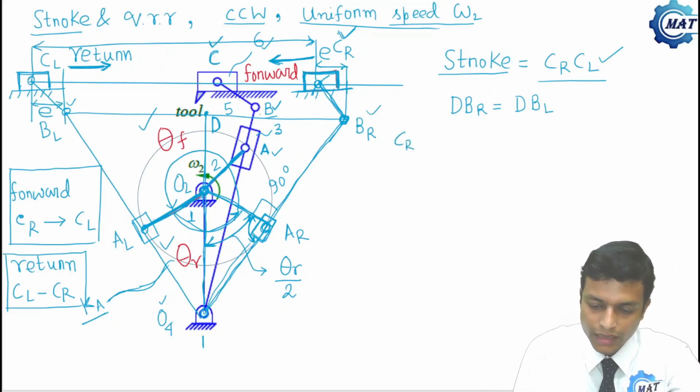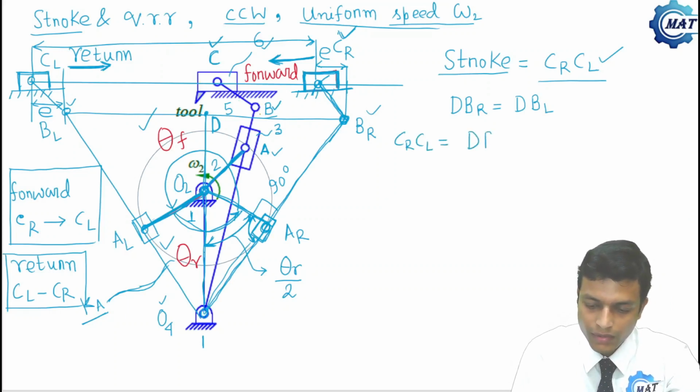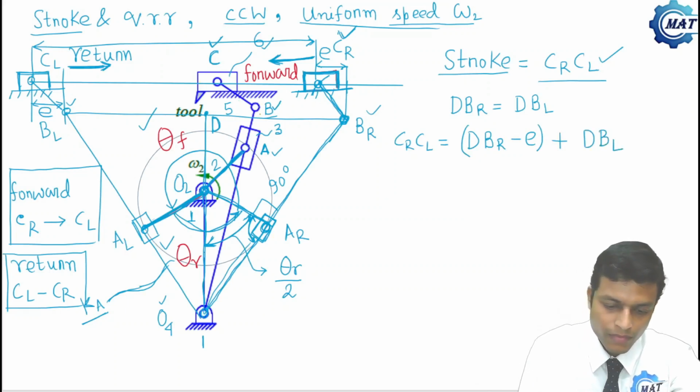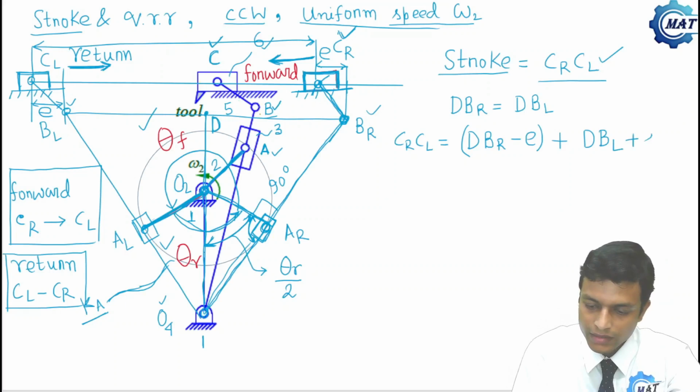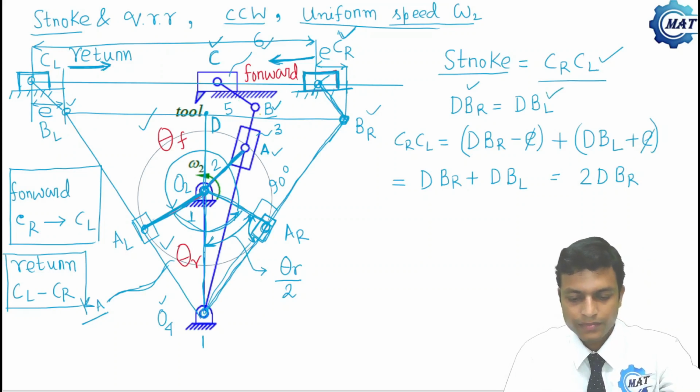So CRCL, that is the stroke, is nothing but DBR minus E plus DBL plus E. So E and E cancelled, that is DBR plus DBL, which is nothing but 2 DBR, as DBR equals DBL.